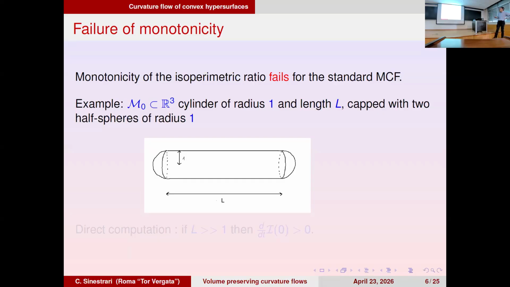I have not written down the computation, but if you take this kind of surface, so capped cylinders, and you compute the derivative of the isoperimetric ratio, you find that if L is not even huge, I think already if it is greater than 4, the isoperimetric ratio gets worse initially, which is a bit unexpected.